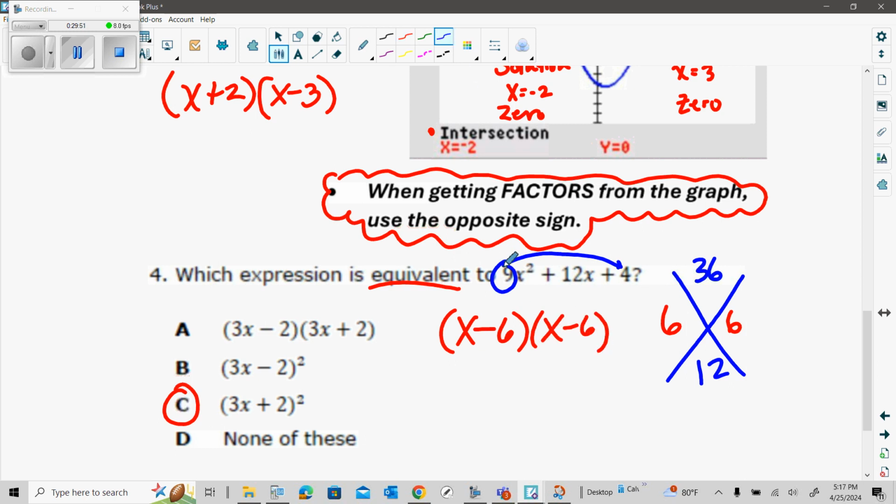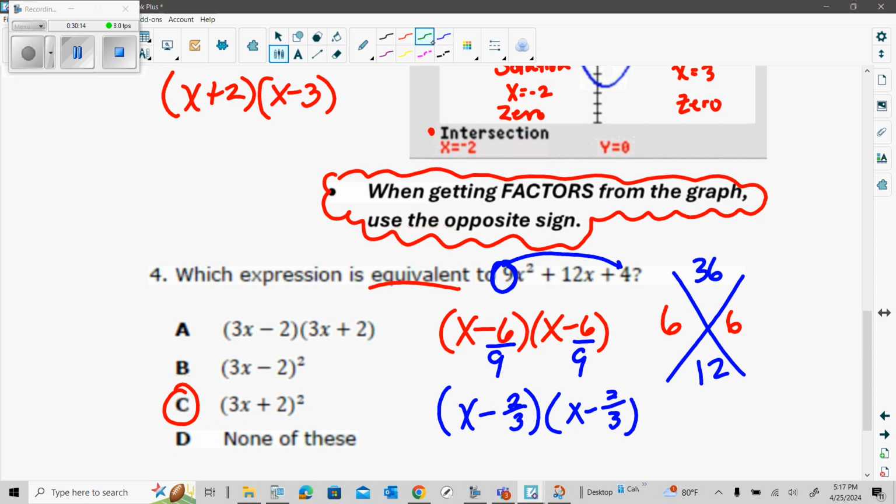And because we had this coefficient 9, we're dividing by 9. So if I just reduce this, this would be 2/3. It's the same, so instead of writing this twice, I can just write it as two factors of the same.